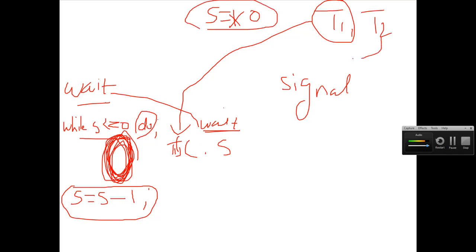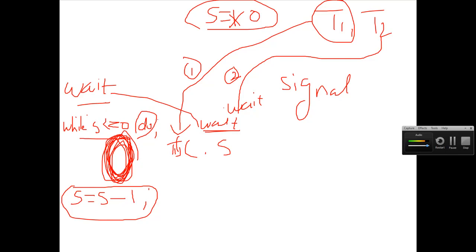Now when T2 wants to go into the critical section, this will take place first, this will take place second. It also would call the wait method. When it calls the wait method, please understand, the value of s is 0. If the value is 0, the s value will not reduce.